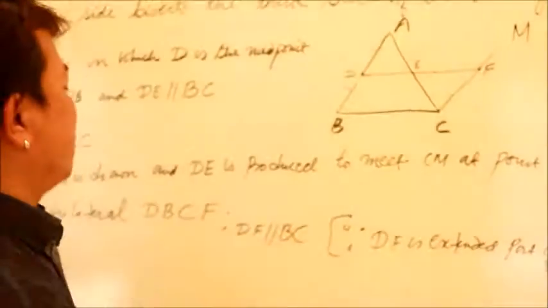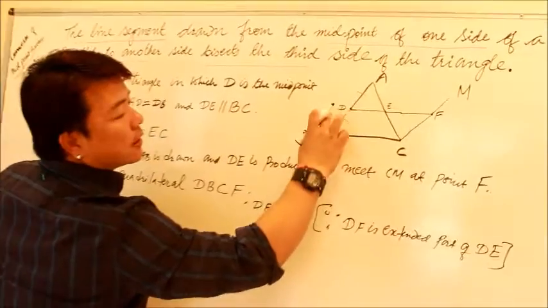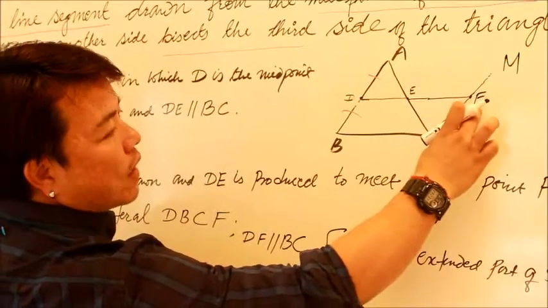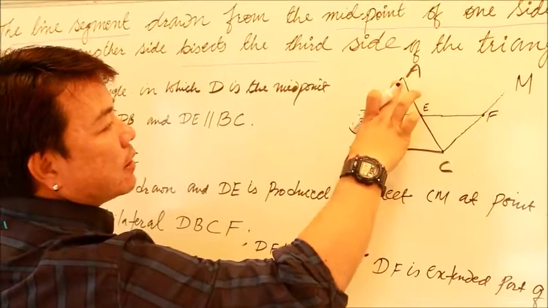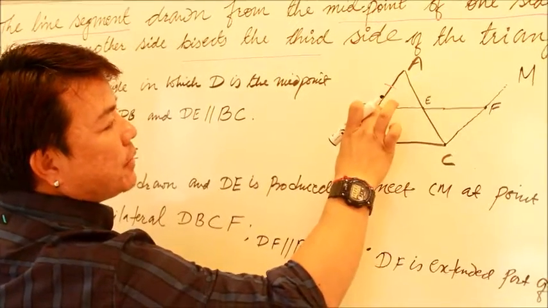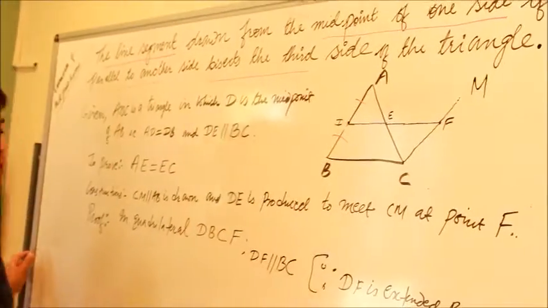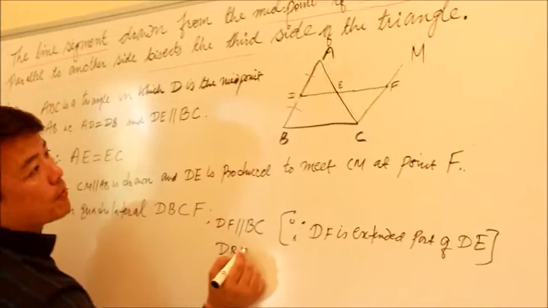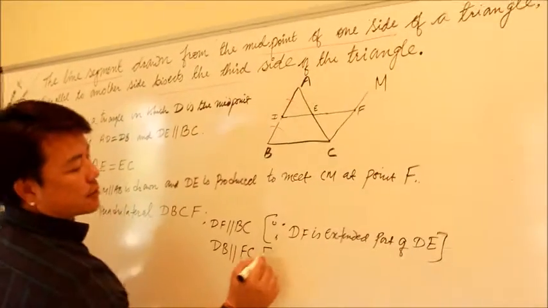Another one: DB is parallel to FC. Why? Because according to construction, CM is parallel to AB, and DB is part of AB as well as FC is part of MC. So DB is parallel to FC, by construction.